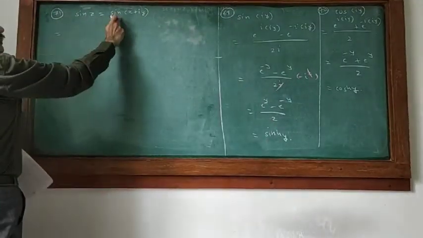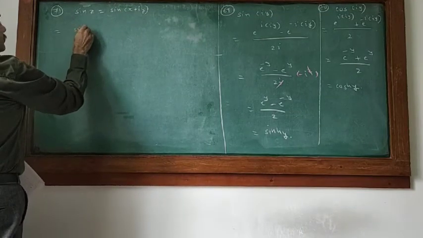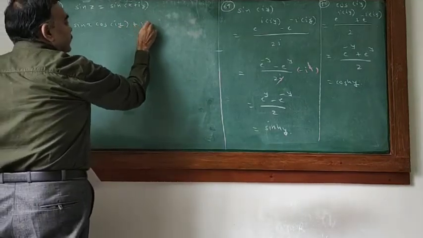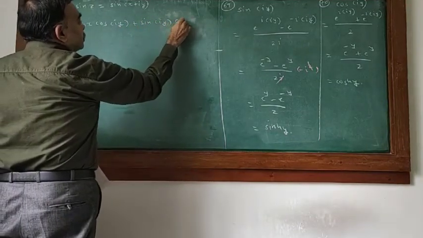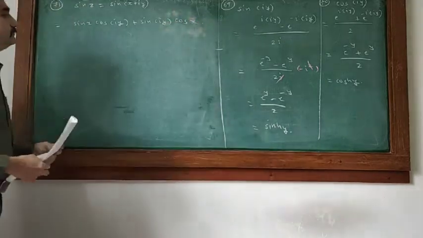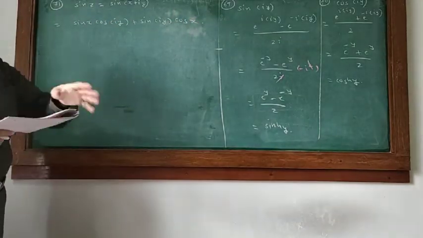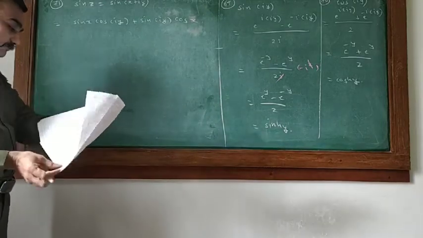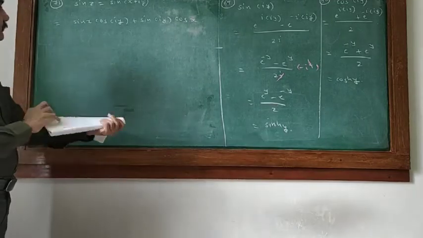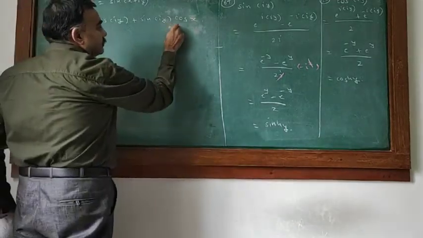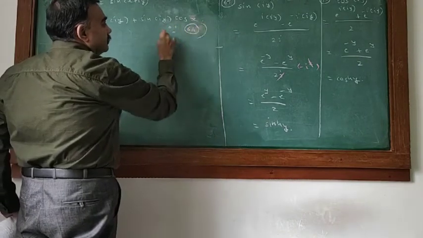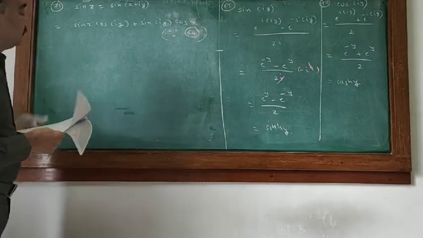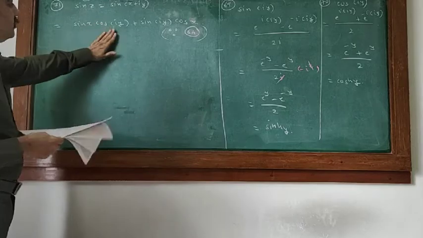This is equal to sin of x plus iy, which is sin x cos iy plus sin iy cos x. We are applying the sine formula as we proved in 64. What is cos iy?